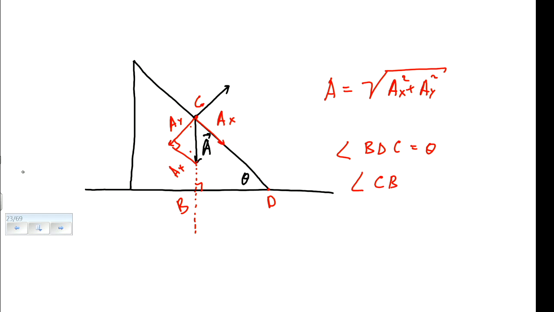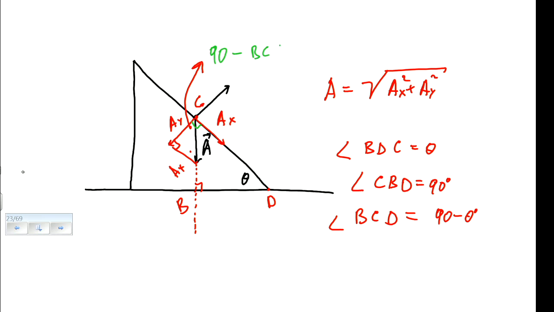Angle CBD is 90. So angle BCD is equal to what? 90 minus theta. But now we go to this triangle. That's what we're looking for. This angle should be equal to 90 minus BCD. So it's 90 minus theta.